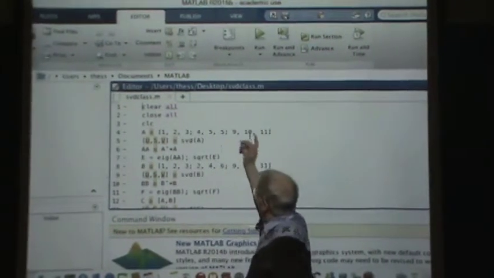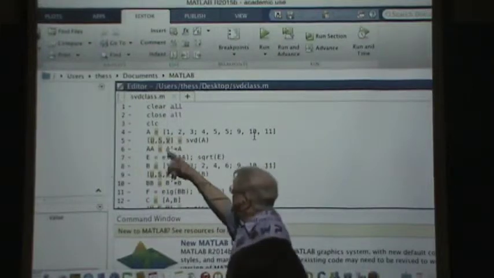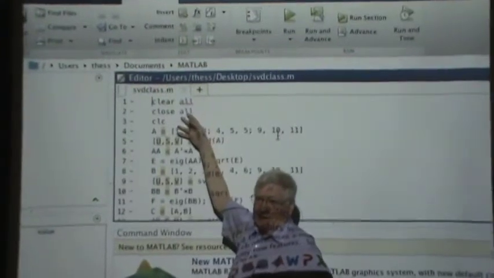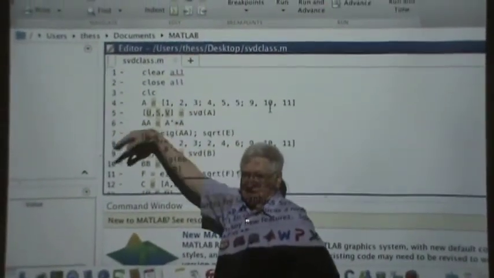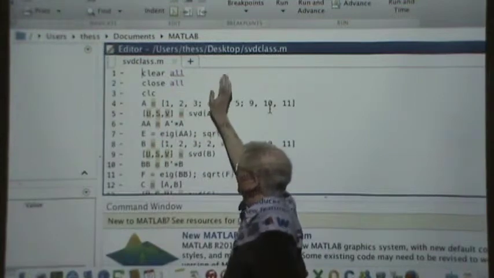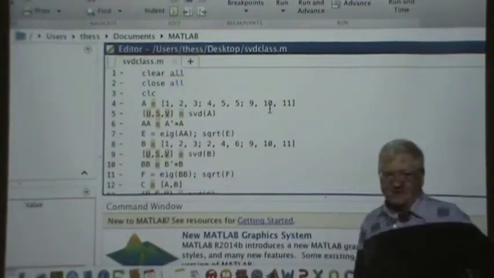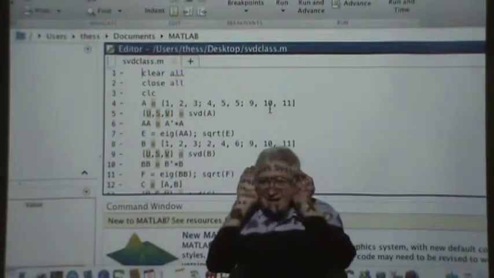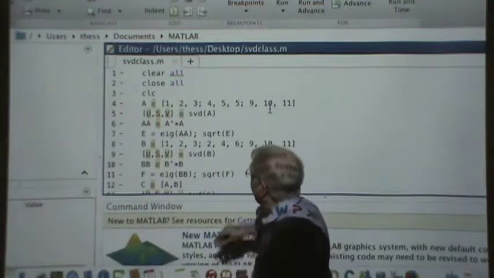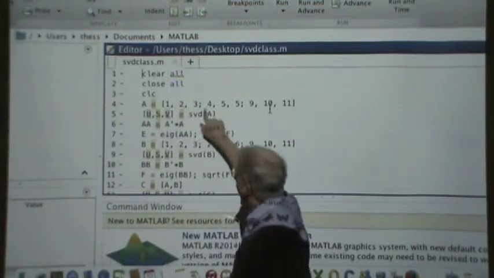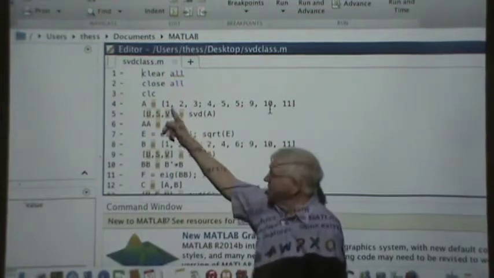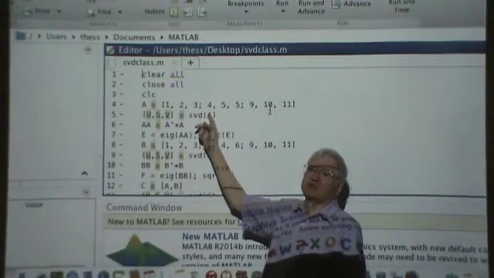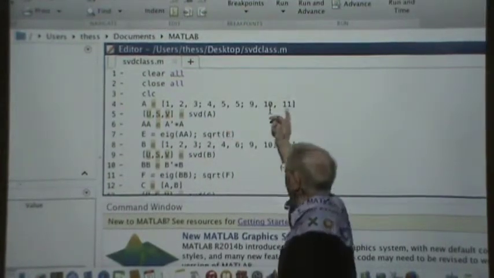I'm entering a 3x3 matrix here, and these are just incantations which tell MATLAB not to get confused with anything that it's ever seen before. So you say clear all, close all, and clc. It clears the command line. Thank you. And so you define here a 3x3 matrix. Commas separate the entries on row 1, and then a semicolon tells the machine that you're going to do row 2, and then row 3.